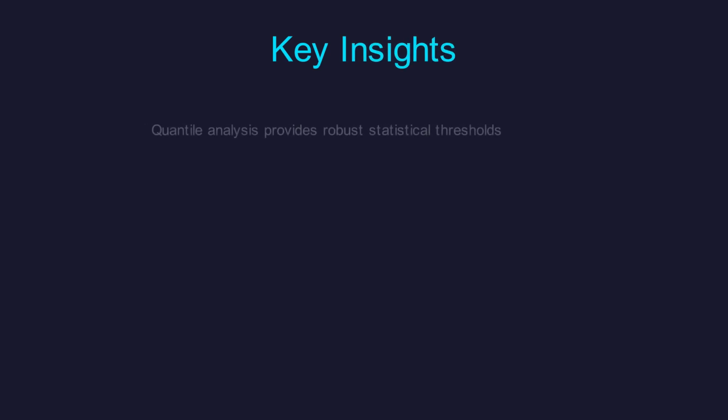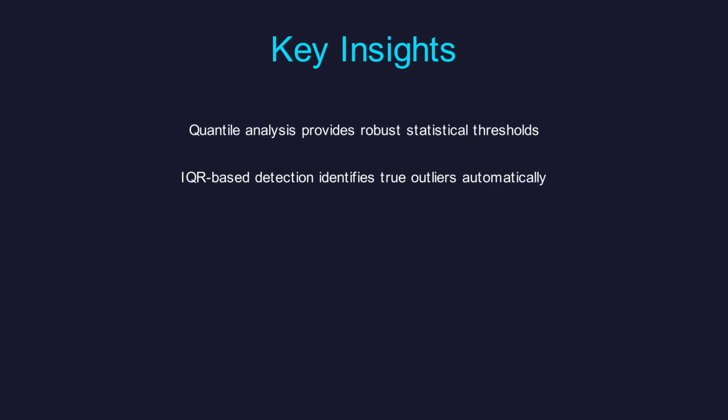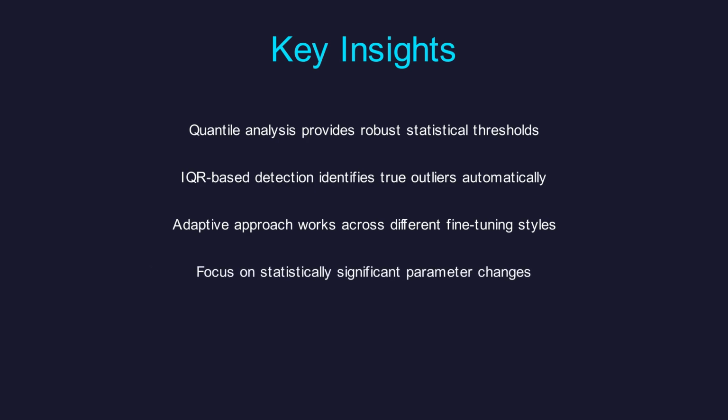So this technique will guarantee that we find the right threshold no matter how that fine-tuned model was actually trained. As you can see, we have a pretty robust approach here where by computing distributions, computing quantiles, and figuring out thresholds, we can really adapt to the specific scenario you're working on.